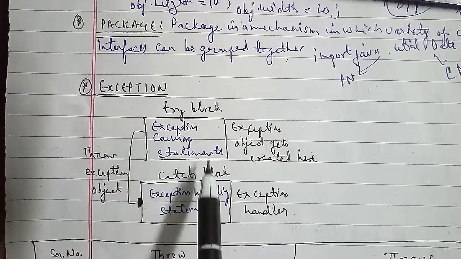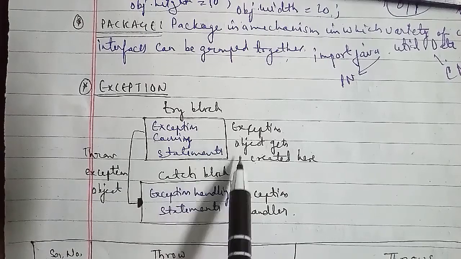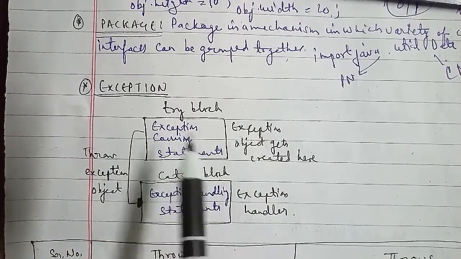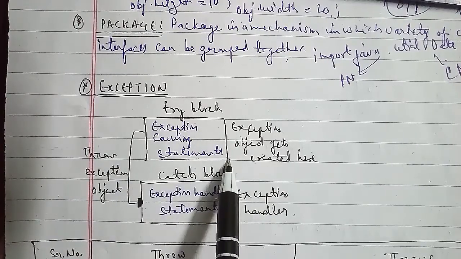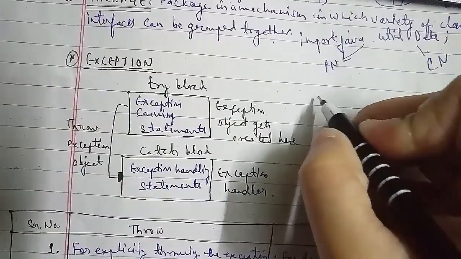The following is an example of the try catch block. So here I can write it out. That is the try, and an exception gets generated here.